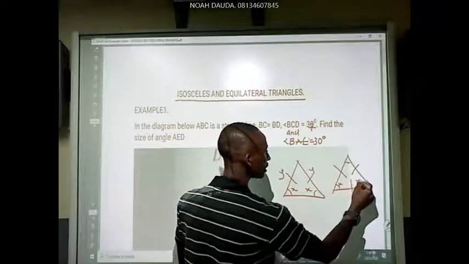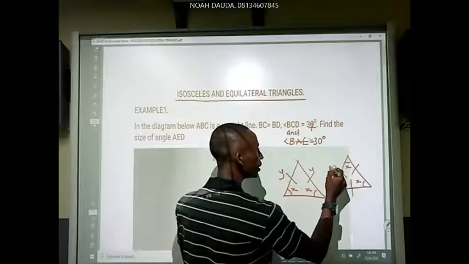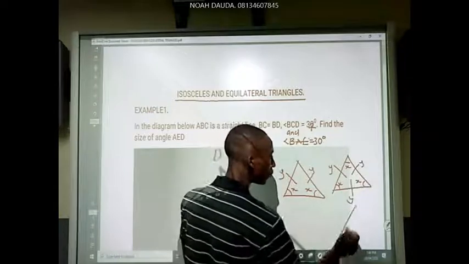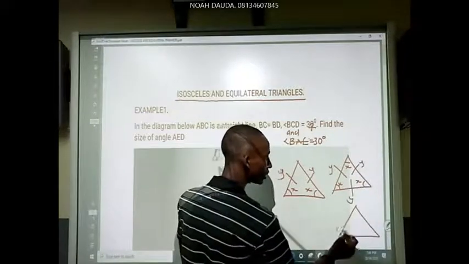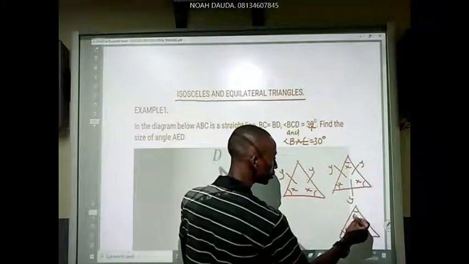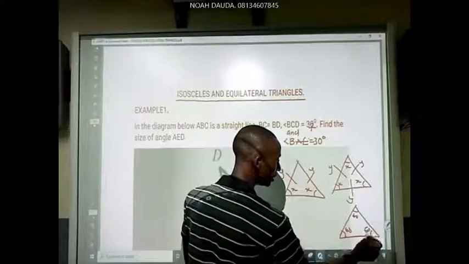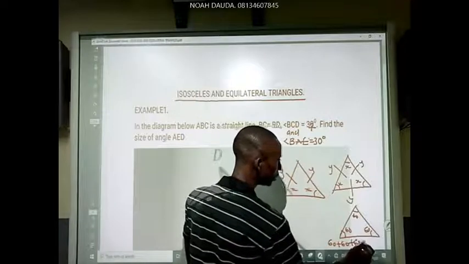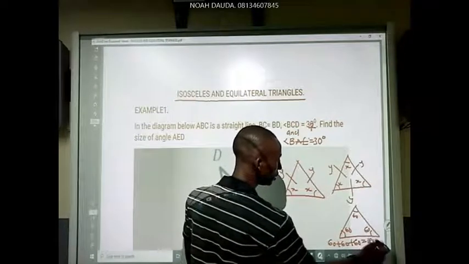If here is x, here is x, here is x, all the sides are the same. So in a nutshell, for an equilateral triangle, all the angles must be 60 degrees, because 60 plus 60 plus 60 will give you 180 degrees.